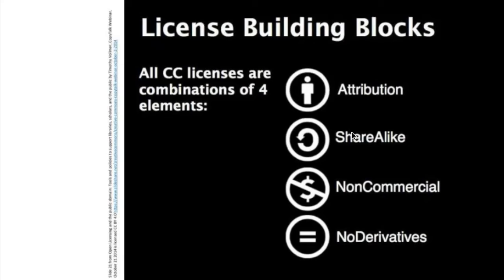The first one, at the top, requires you to attribute the resource. So basically it needs you to say who created it and provide information about it. We'll come on in a minute to see what that looks like, what best practice looks like.